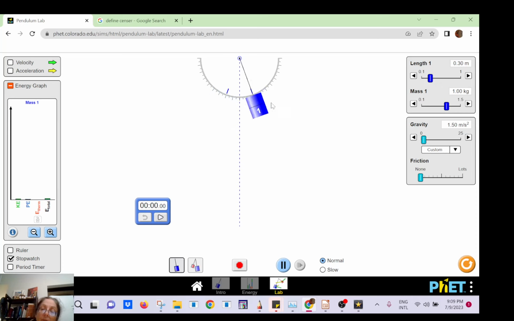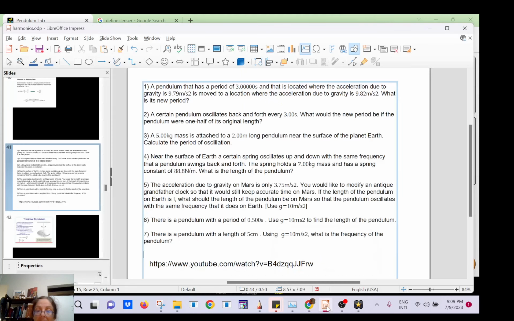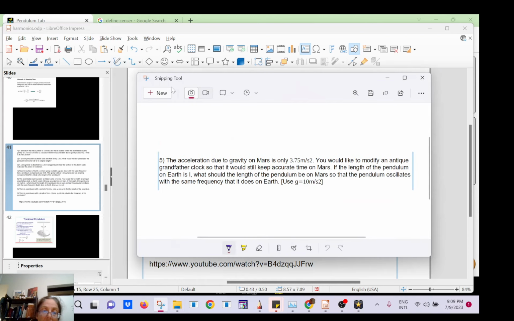Then it's going to swing back and forth faster. Okay, so this is easy. And that is easy also. So frequency is just 1 over the period, right? But it's an easy problem here.